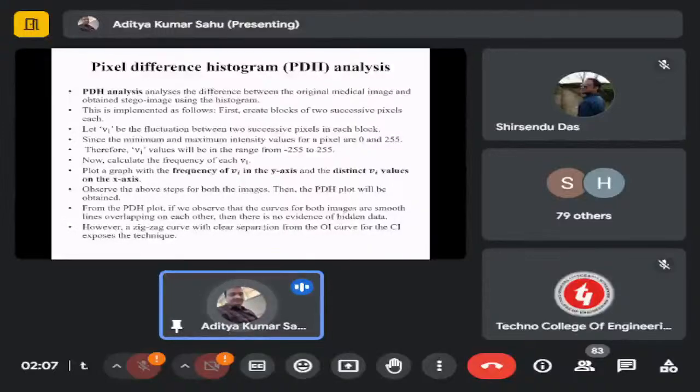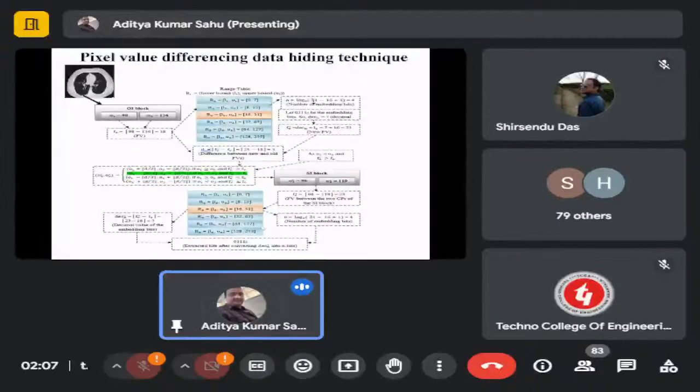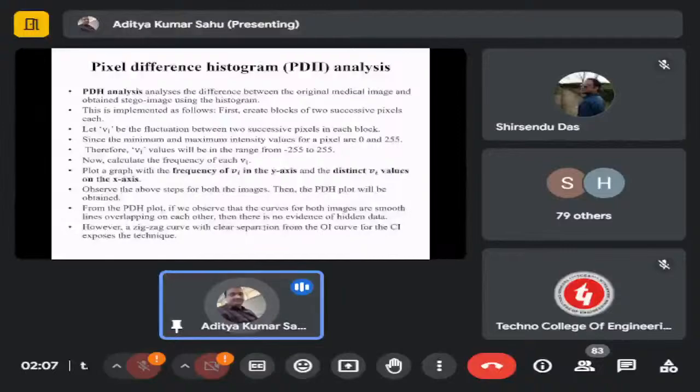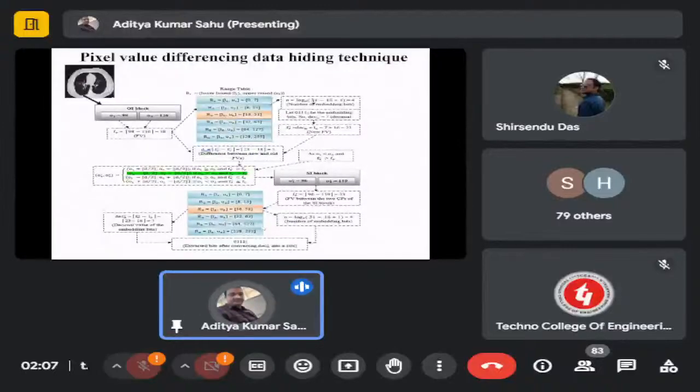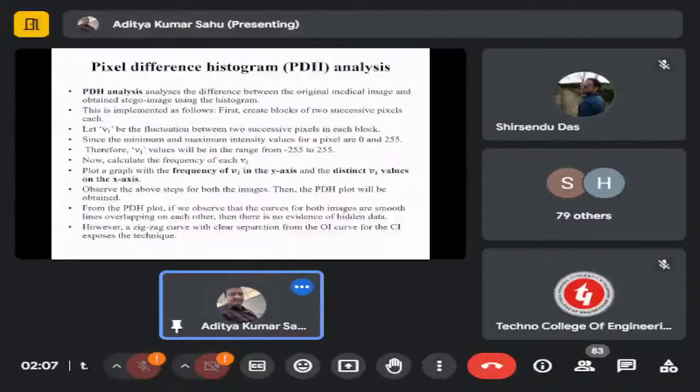PDH analysis is used to find the presence of secret information in PVD based techniques. This is known as a steganalysis technique. Steganography means hiding the data. Steganalysis means finding the presence of data.